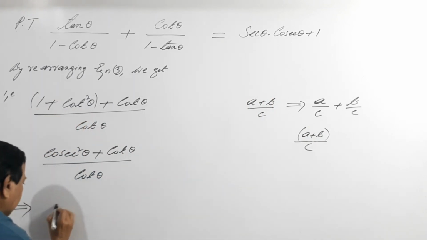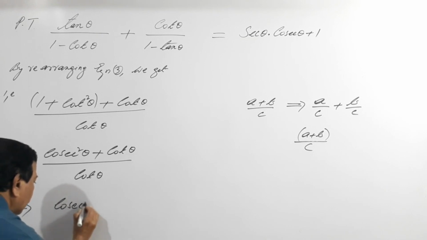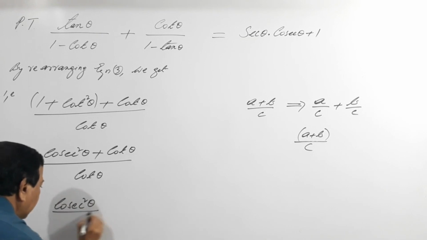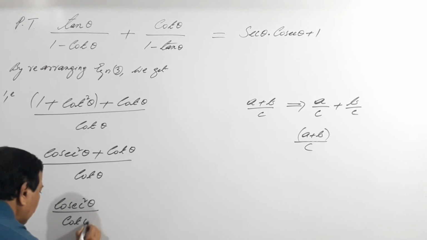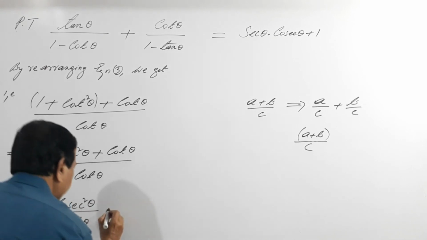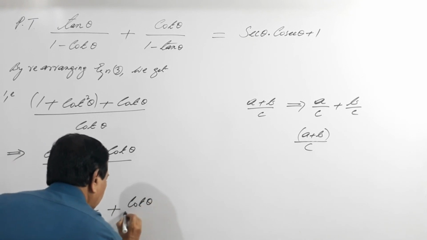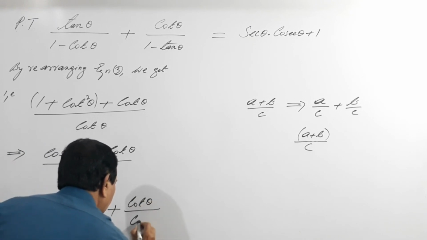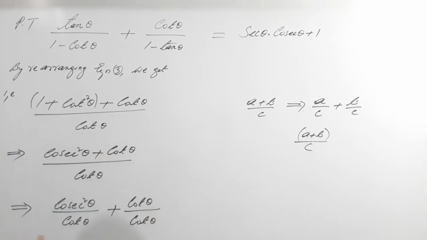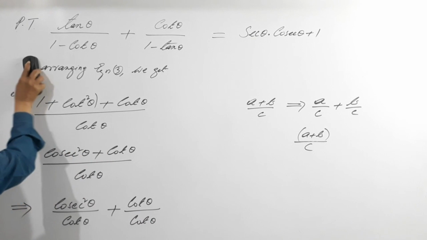Can I write this as cosecant square theta by cot theta plus cot theta by cot theta? Yes sir, right, why not?